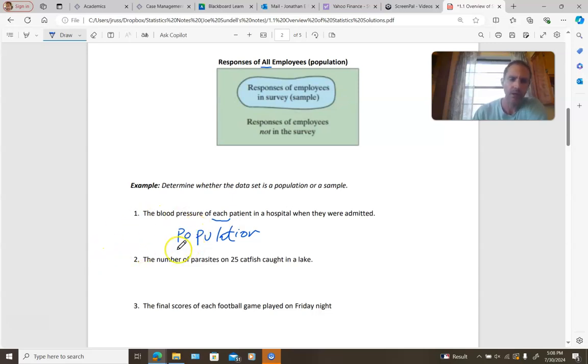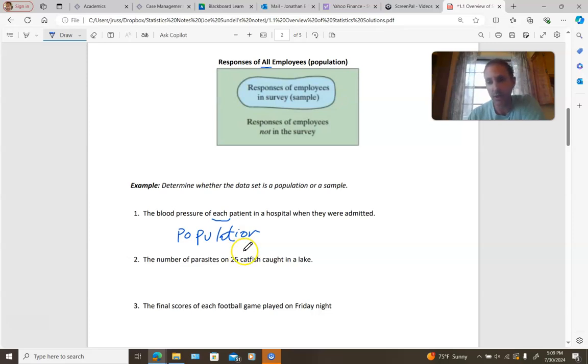And then number 2, the number of parasites on 25 catfish caught in a lake. Okay, so maybe you're trying to figure out the health of some of the fish in a lake. So you can't evaluate every single fish that's in the lake. So you look at 25 catfish.